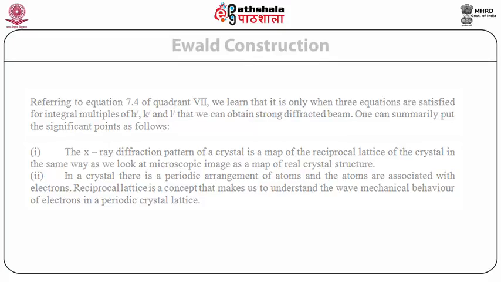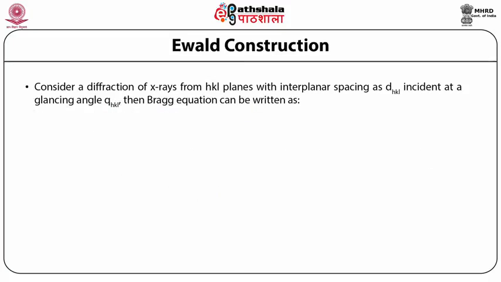Consider a diffraction of X-rays from HKL planes with interplanar spacing d HKL incident at a glancing angle theta HKL. Then Bragg equation can be written as d HKL sin theta HKL is equal to lambda, or sin theta HKL is equal to lambda by 2 into d HKL.